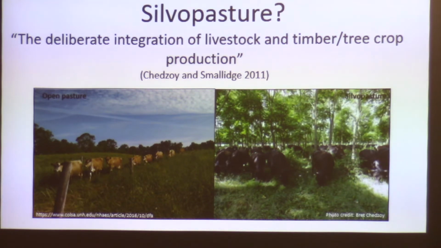It's grazing cows on managed forages in a managed tree crop or timber system. So there's forestry components and livestock management components to make a system like this work. This would be an open pasture out at UNH's organic dairy, and this would be a silvopasture. This is not the organic dairy.